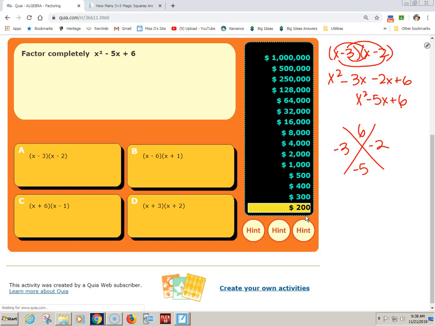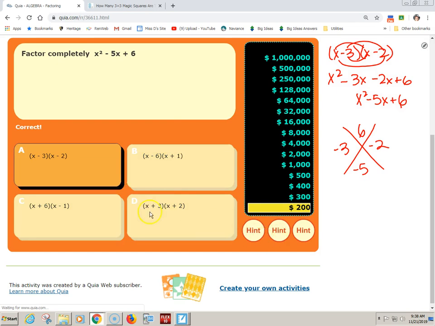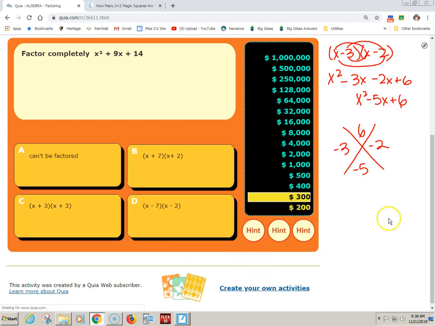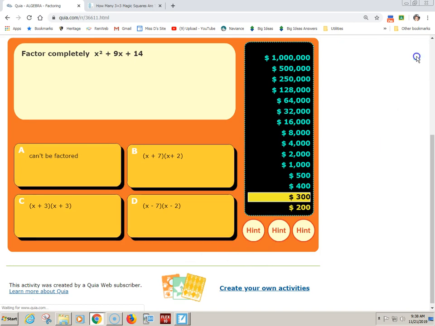Hey, let's see if there's another one that gets harder. Oh, got $300. B. B, for sure? Yes. How could you check? 7 times 2 equals 14. X squared plus 2x plus 7x plus 14.